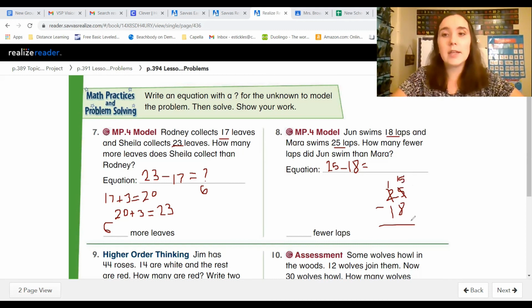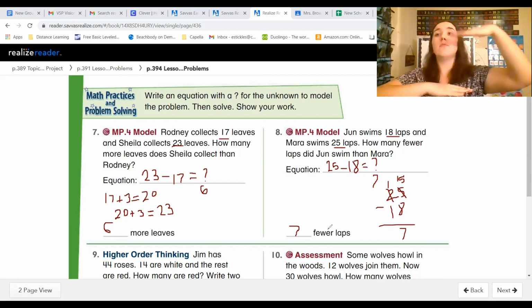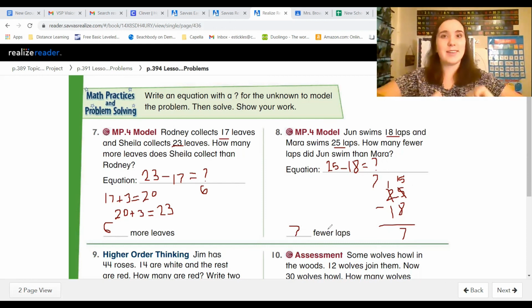So now 15 minus 8 equals 7, and then 1 ten minus 1 ten equals 0, so I don't need to put anything. So my difference is 7. Oh, I forgot my question mark. So that means my answer is 7. Jun swam 7 fewer laps than Mara, or you could say Mara swam 7 more laps than Jun. It's the same thing.